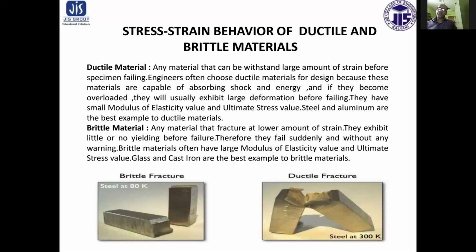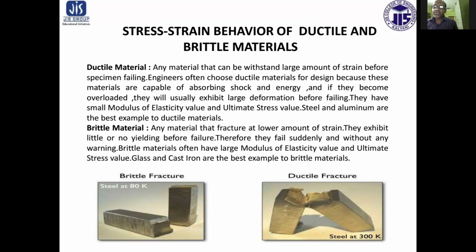Stress strain behavior of ductile and brittle material. A ductile material can withstand a large amount of strain before the specimen fails. Engineers often use ductile materials for design because these materials are capable of absorbing shock and energy.